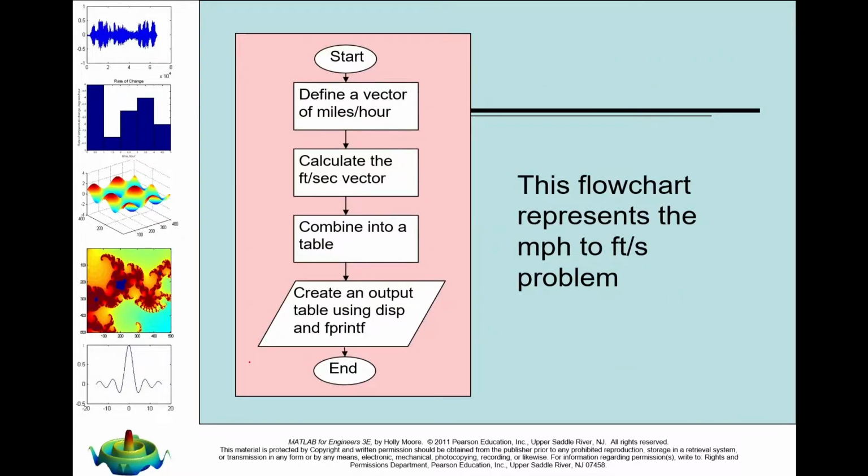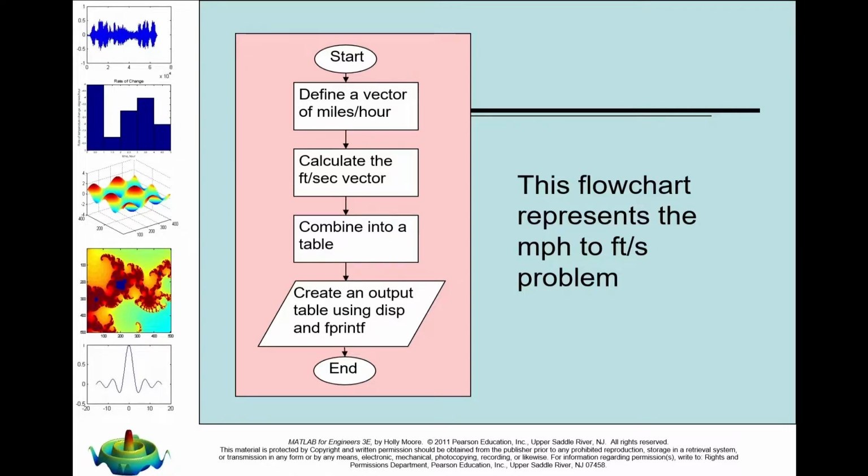Okay, let's see here. This figure is an example of a flowchart for the conversion, same as the pseudocode earlier, conversion of miles per hour to feet per second. Actually, because this problem is pretty simple, normally we don't even need to create a flowchart. However, as the problems become more complicated, flowcharts will become a valuable tool, allowing you to organize your thoughts.